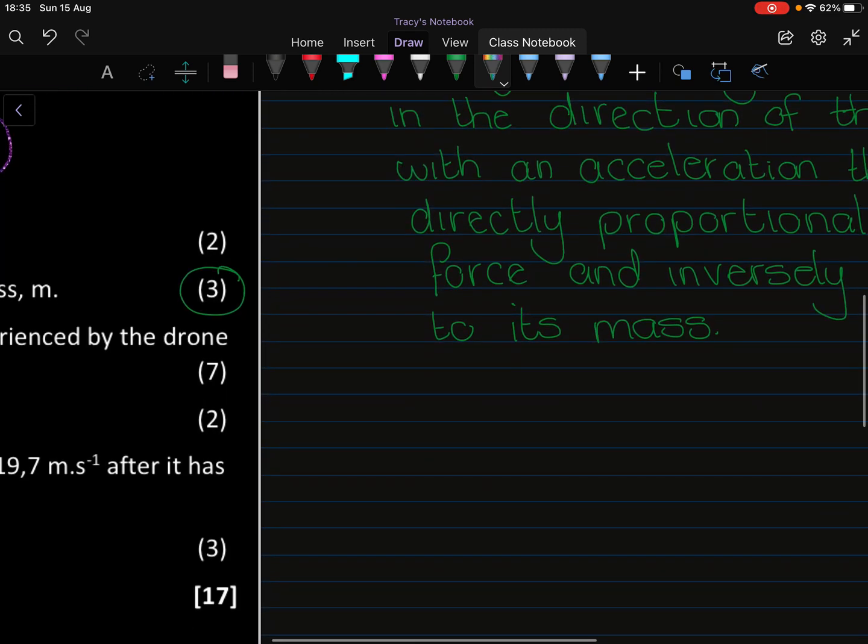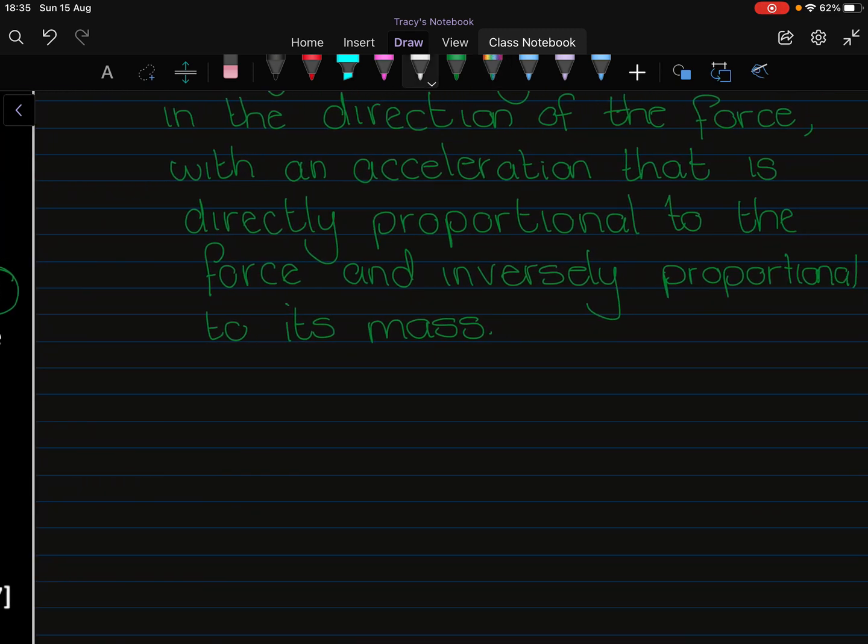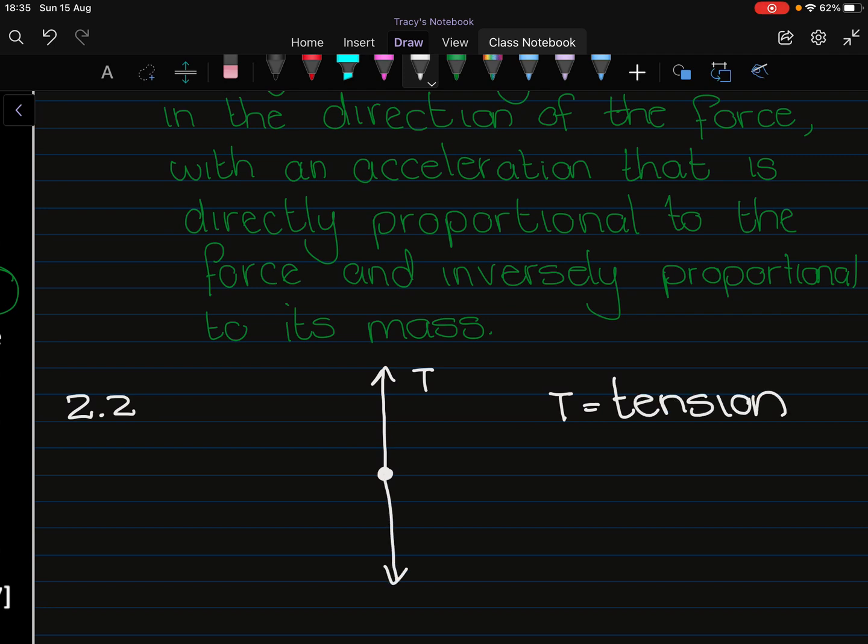Alright? So, free body diagram. We have a dot. We have tension. Now you may write that as FT. I'm keeping it as T because they labeled it as T. So T, which is tension. We have FG.